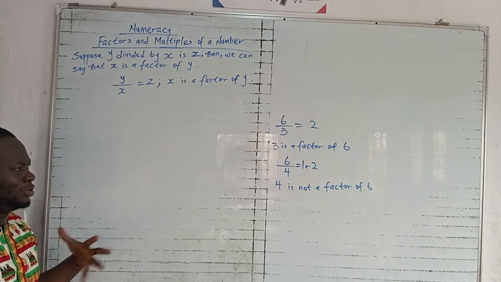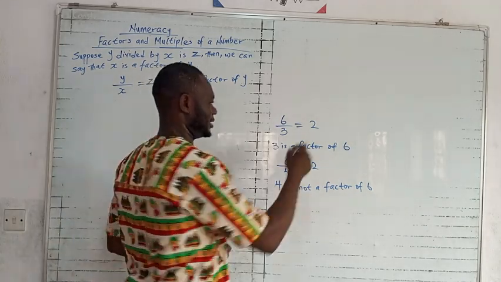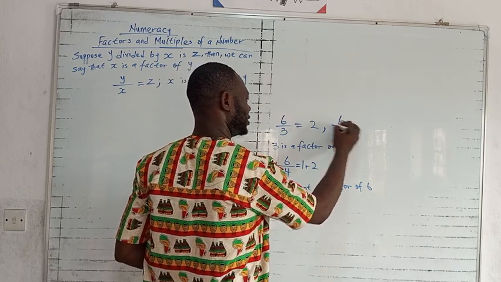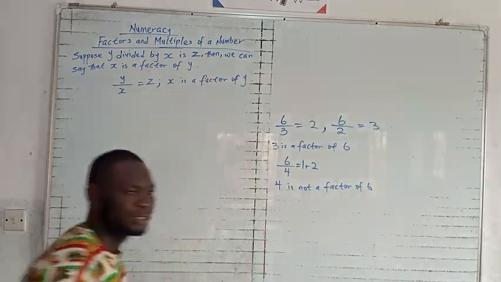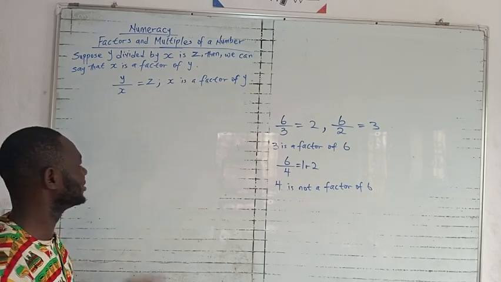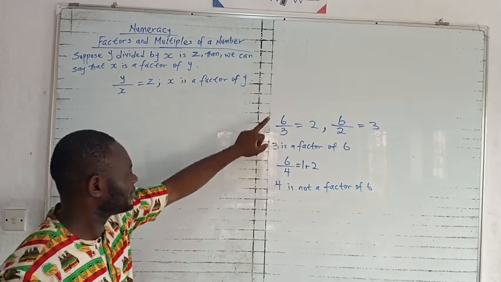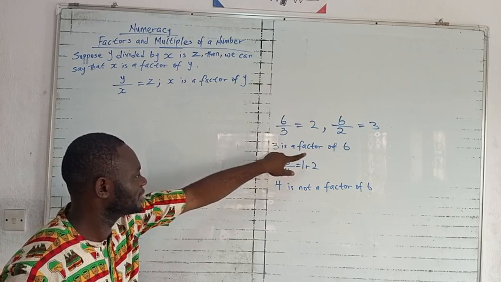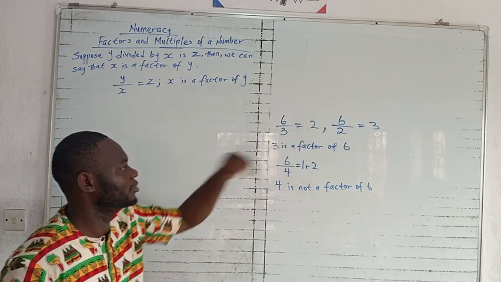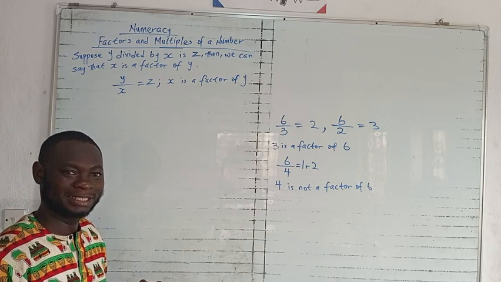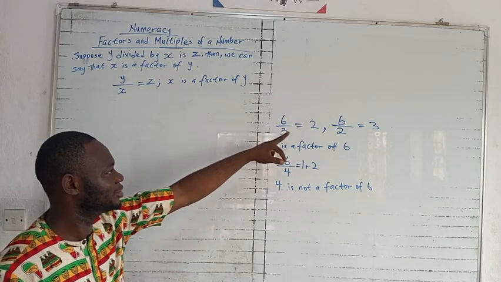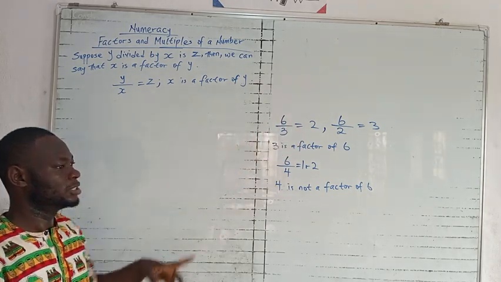But, okay, let me use this as an example. We also know that 6 divided by 2 is 3. So what is this telling us? That 3 is a factor of 6, 2 is also a factor of 6.